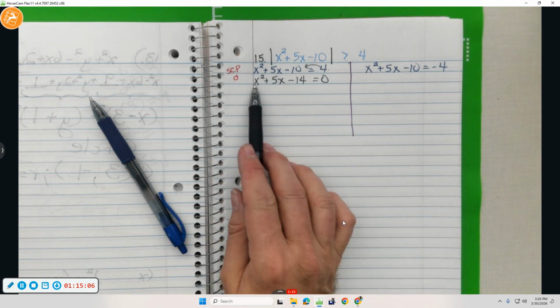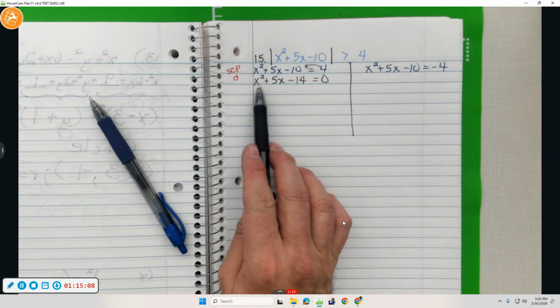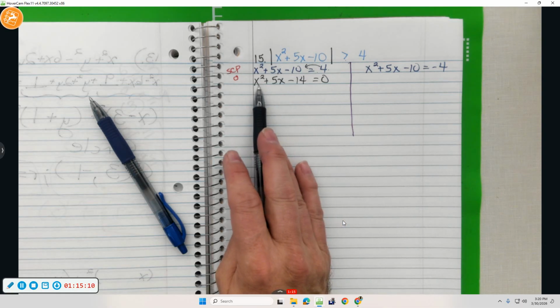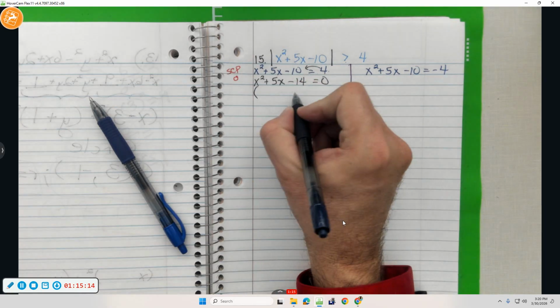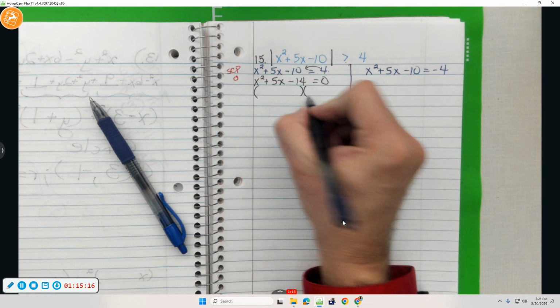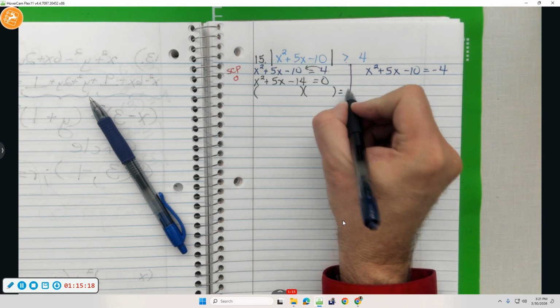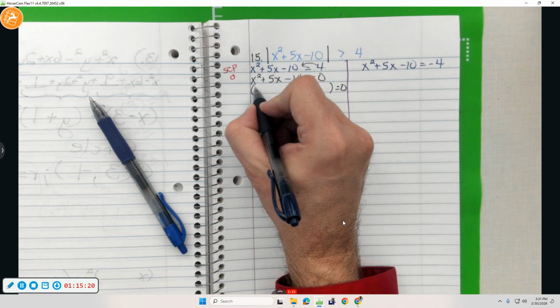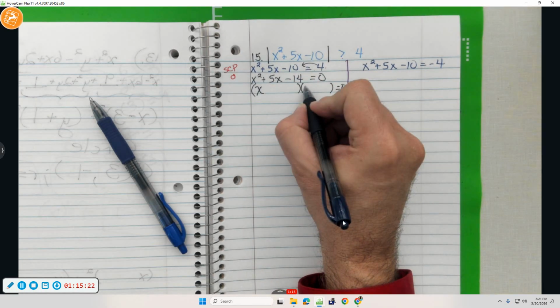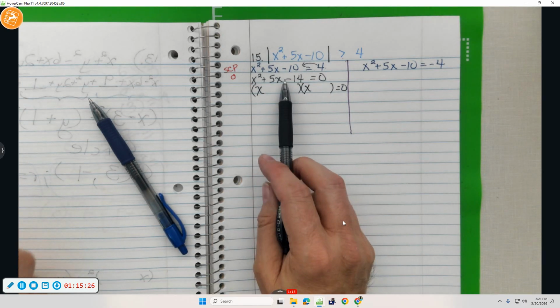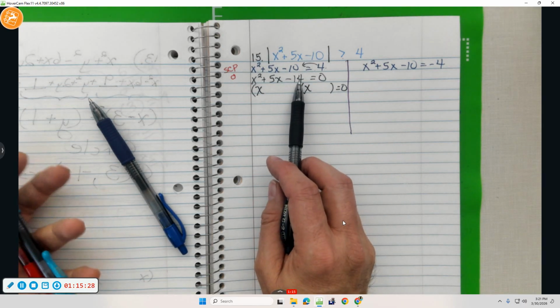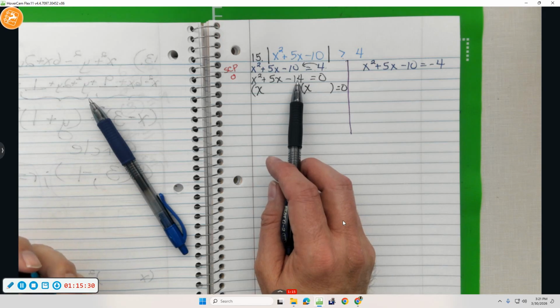It's a quadratic equation because of the x squared, so you have to either factor or use the quadratic formula. I'm going to factor it. It's a simple trinomial. Notice the leading coefficient is 1, so all you can have is x times x. 1 times 14 or 2 times 7.